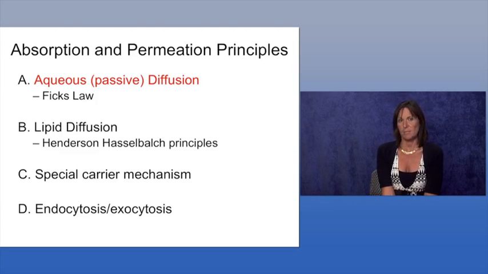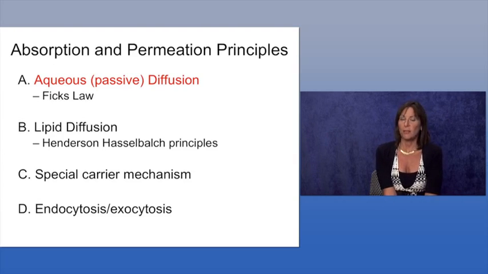The second concept is lipid diffusion, and this is the idea that a drug can move through a lipid membrane. There is a cardinal principle that governs how this occurs and the rate at which it occurs, and this is referred to as Henderson-Hasselbalch's equation or Henderson-Hasselbalch principles.